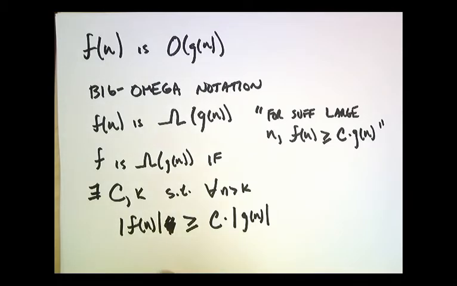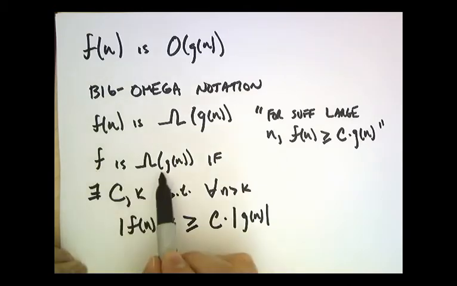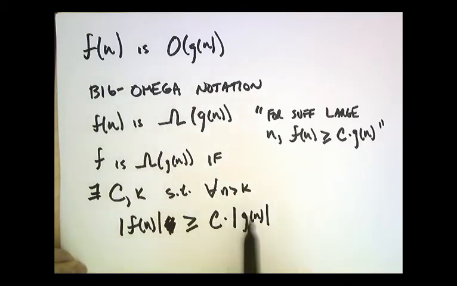So for sufficiently large n, f of n is greater than or equal to some constant times g of n. So let's do an example.